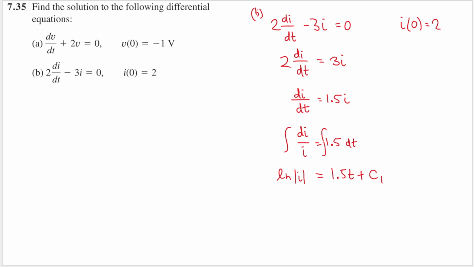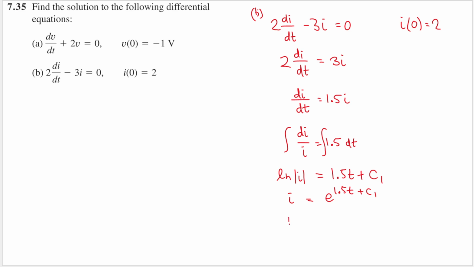So the constant is actually on both sides, but I merged them into this single constant. But we are asked to find out i, so we take the exponential of this equation here. So we will have i, and on the right hand side I will have e to the 1.5t plus C1.